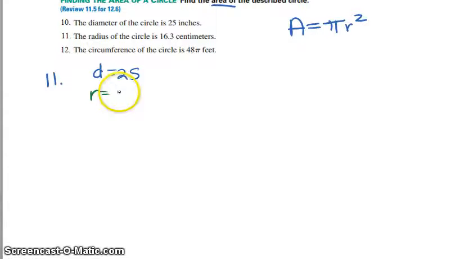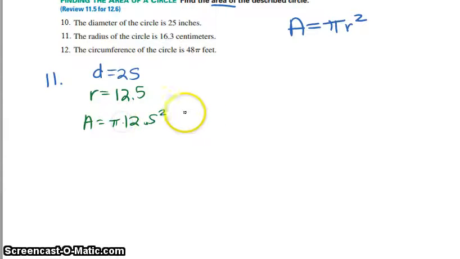So 25 divided by 2 gives me 12.5. So plug into your formula. So my area is 12.5 squared times pi. That is approximately 490.87 inches squared.